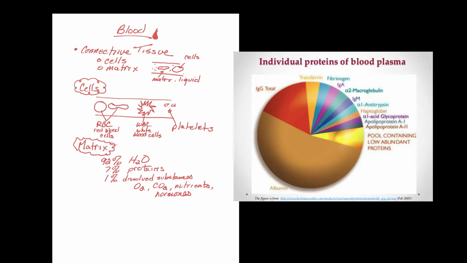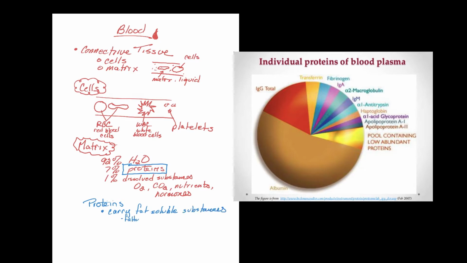So let's take a look at the proteins. You don't have to know the names of all of these at all. However, the notes or the proteins you may have looked at are summarized here. So albumin, which is the big one, and I'm having a hard time seeing it.